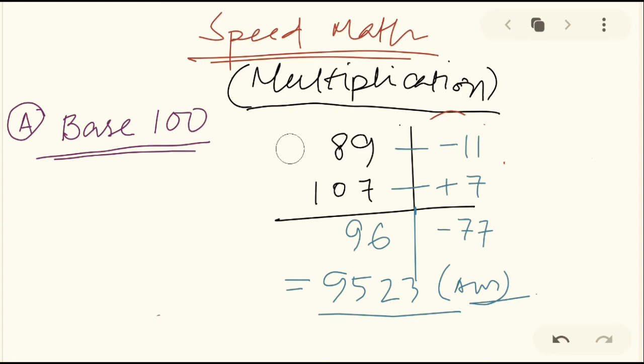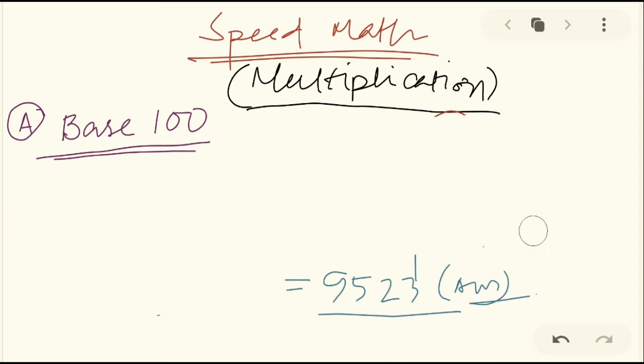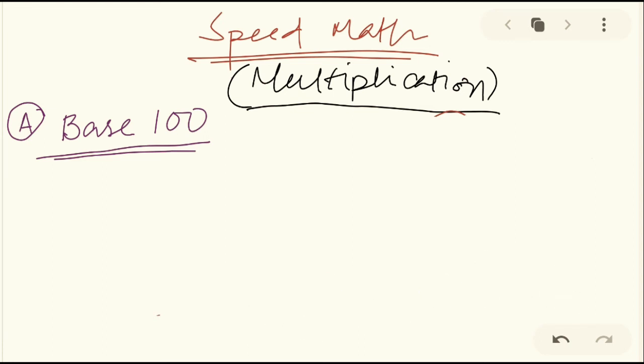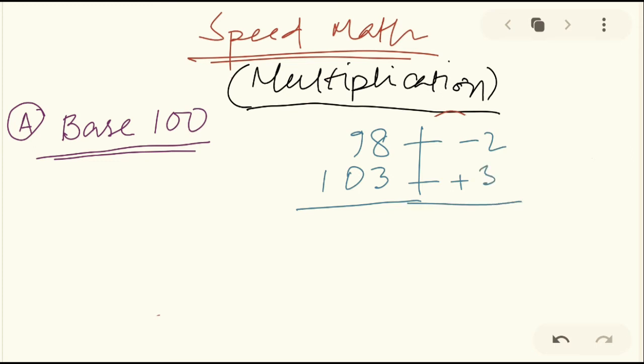Now we'll discuss another example. Let's say one number is 98 and another number is 103. So we have minus 2 and plus 3. Sorry, let's say this number is 102.